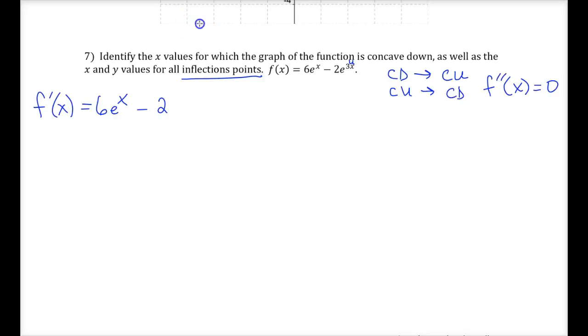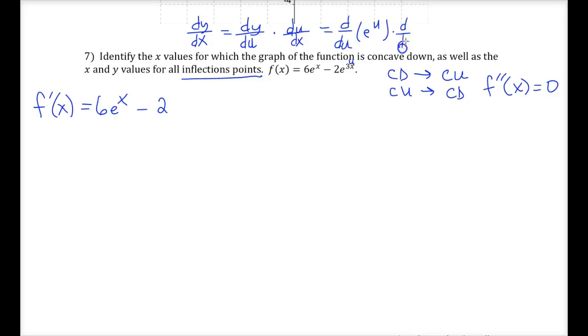If we wrote that out the long way, it would look something like this. Say the derivative of y with respect to x would be the same as the derivative of y with respect to u times the derivative of u with respect to x. And of course, y in this case would just be e to the u. So if we wrote that out, it would look something like this.